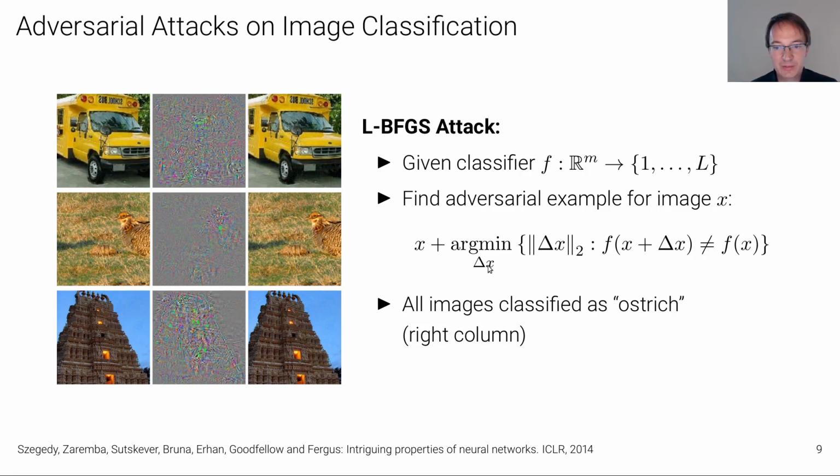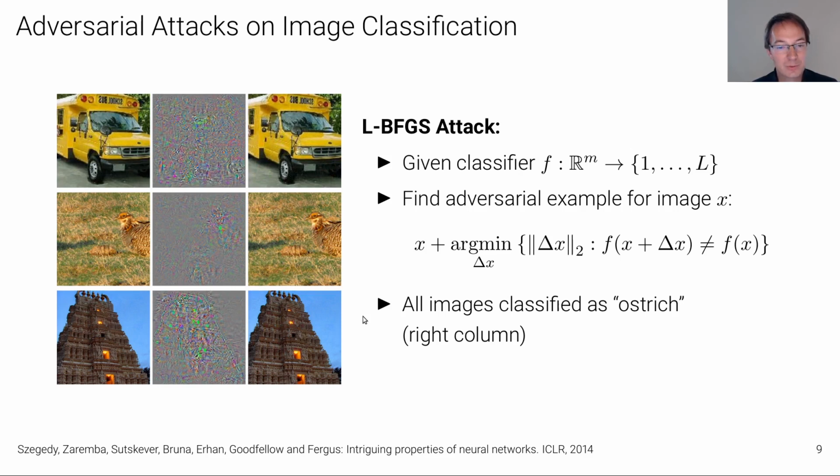The adversarial example is x plus some delta x, where delta x is chosen as the minimizer over all possible delta x, such that applying that delta x to x changes the classifier result, or produces a particular class label like ostrich in this case here on the left. In other words, we want to find the smallest perturbation that changes the outcome of the classifier.